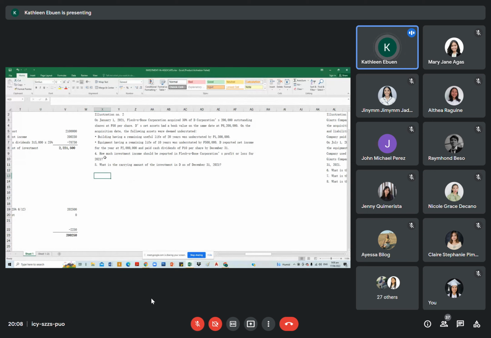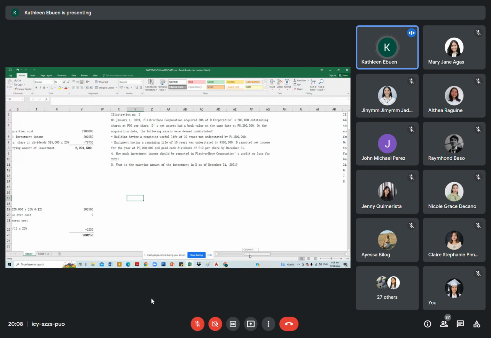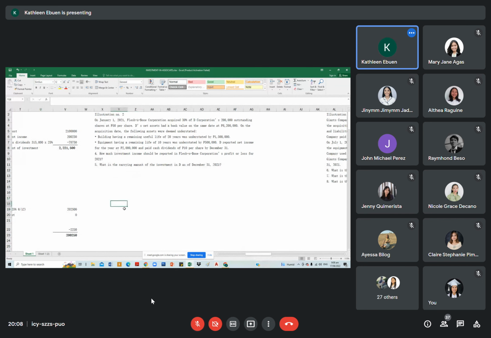Okay, so try na natin ito, class. Tinatanong sa atin how much is the investment income that should be reported in Flesh and Bone Corporation profit or loss for 2021. So hanapin natin, class, yung share in profit. Magkano yung net income ni Dow?